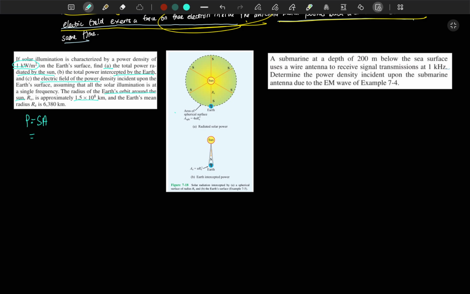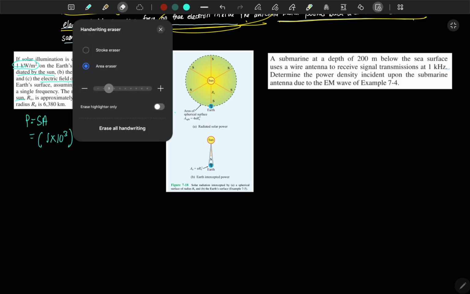Meaning the whole radius stuff, right? And just as they have told us, the earth's mean radius is 6.3. Now for the first one, the total power radiated by the sun. We know that S is 1 kilowatt, meaning 1 times 10 to the power of 3.